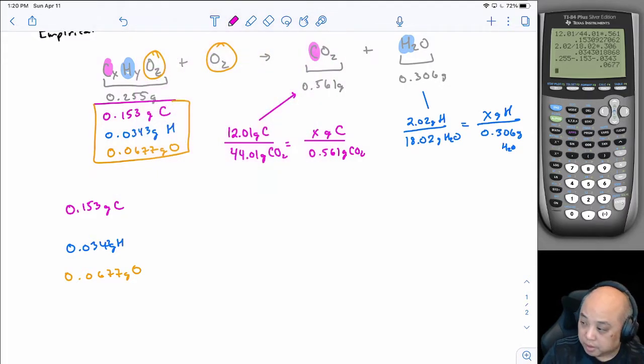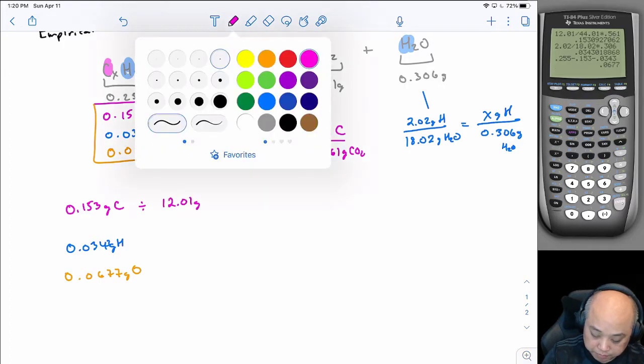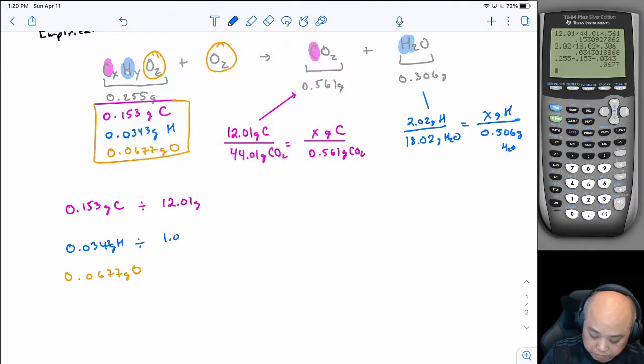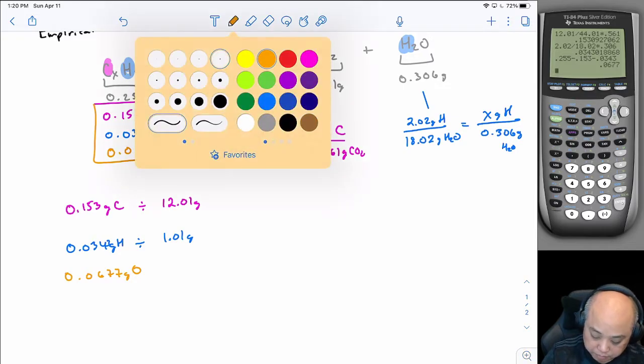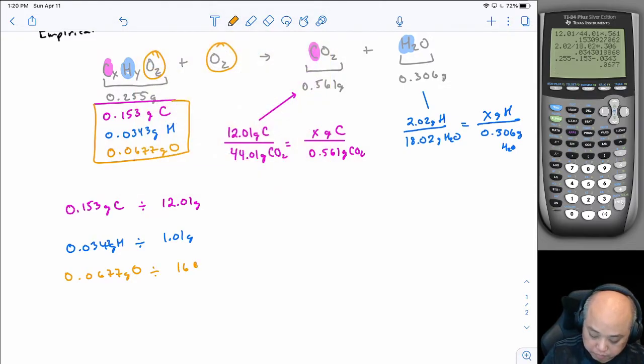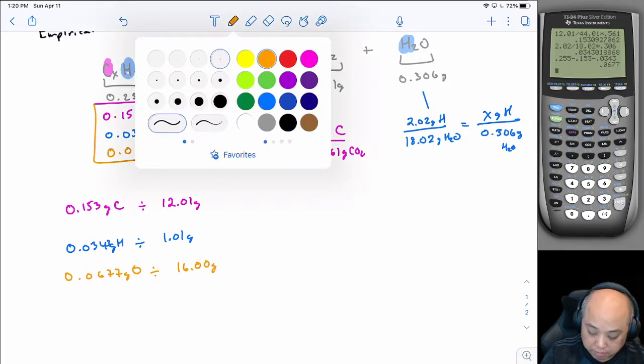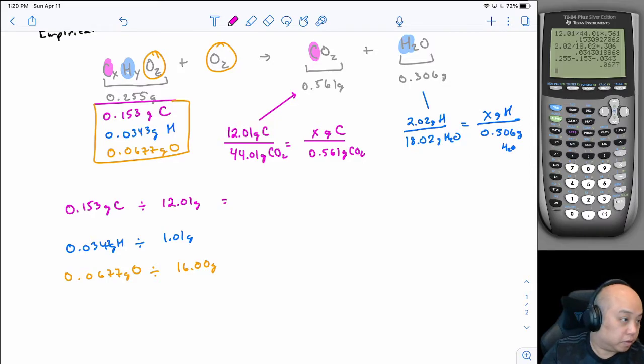And so I'm going to divide this by their molar mass for each one to get my results.